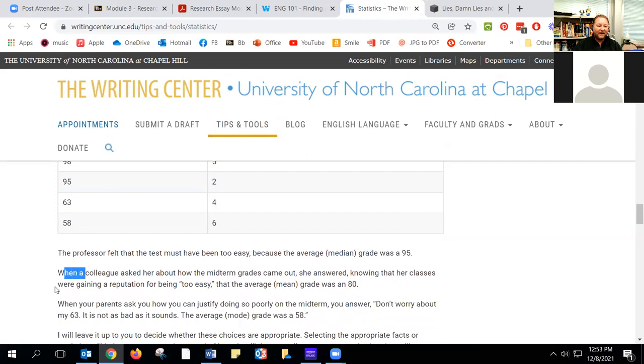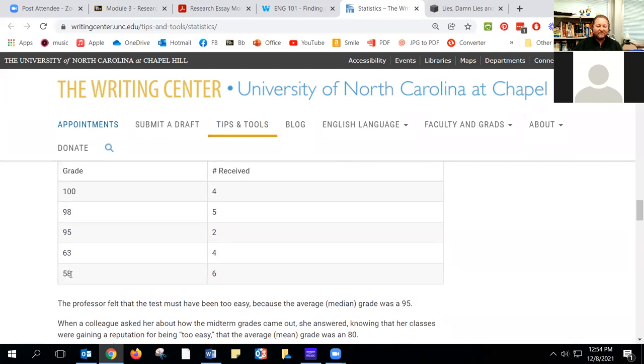But when a colleague asked her about how the midterm grades came out, she answered, knowing that her classes were gaining a reputation for being too easy, that the average or the mean grade was 80. So if you add up all these divided by 6, the average, the mean, is now 80. 80 is a much lower grade than a 95, right? But technically, those are both the averages for the midterm exam, right?